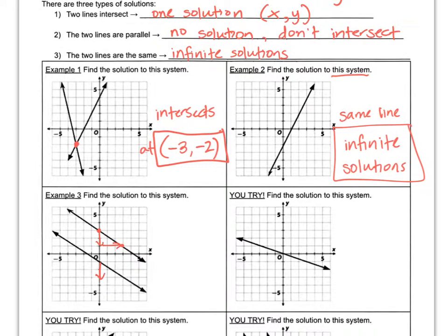And you can see the same thing is happening here on the line below. It's going down 2 and over 3 again. So it's going the same way, which means it's parallel. And that leads us to no solution because these 2 lines will never touch. So I want you to try the other 3 problems before you see the solution here.